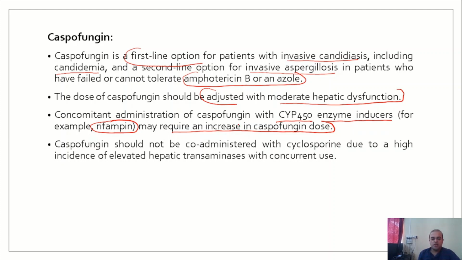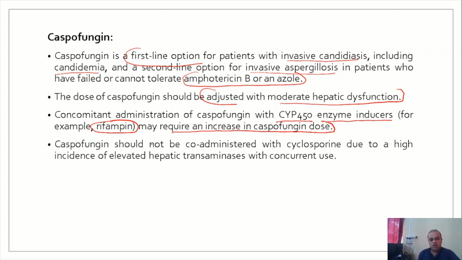Because if an inducer is administered with this drug, it will increase the rate of metabolism of the caspofungin. So if the metabolism rate increases, it will lead to increased elimination of the caspofungin. So if we want to produce the therapeutic effect, then we have to increase the dose.